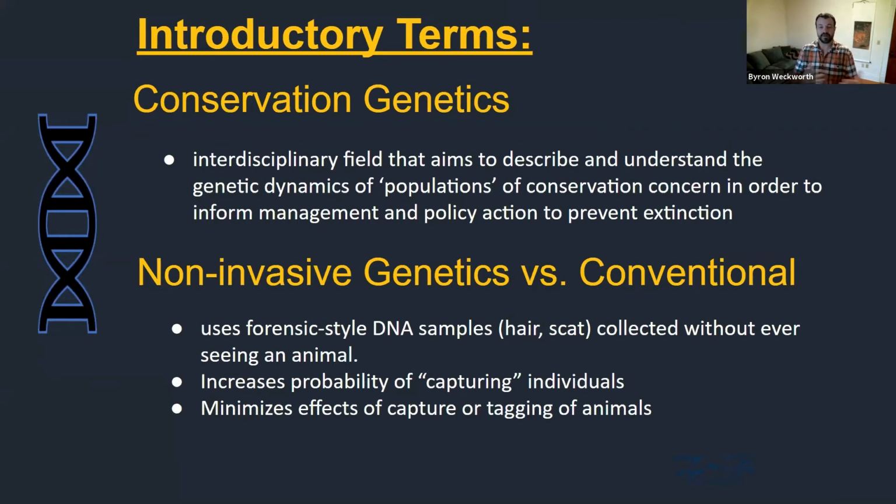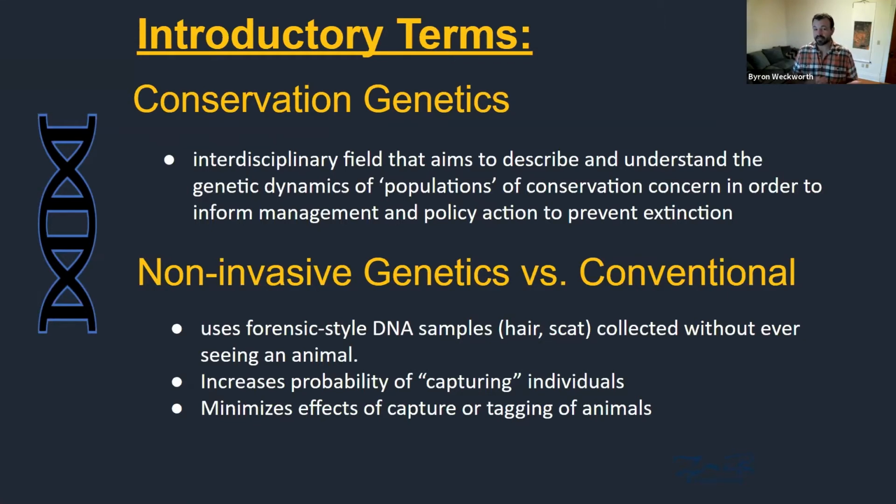But from my standpoint, what we're talking about when we're considering conservation genetics, it's an interdisciplinary field that aims to describe and understand the genetic dynamics of populations, populations being a bit of a loaded term, depending how you're measuring what a population is. Anyways, of these units of conservation concern in order to inform management and policy action to prevent extinction. So that's what we're doing when we're doing conservation genetics.